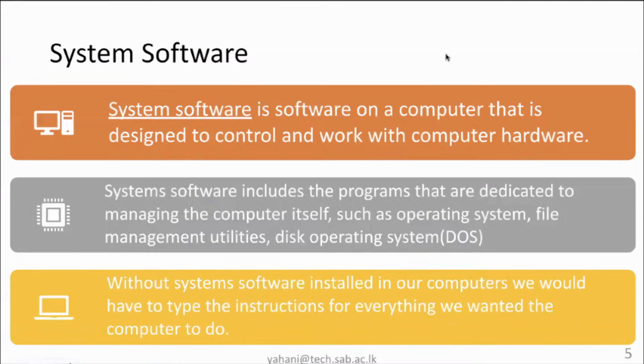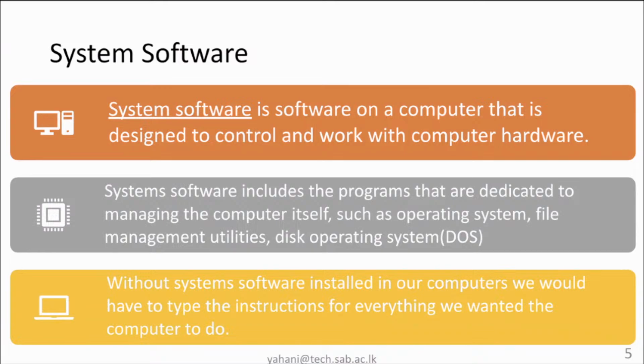Then what is system software? System software is software on a computer that is designed to control and work with computer hardware. With system software, the computer controls our hardware components.